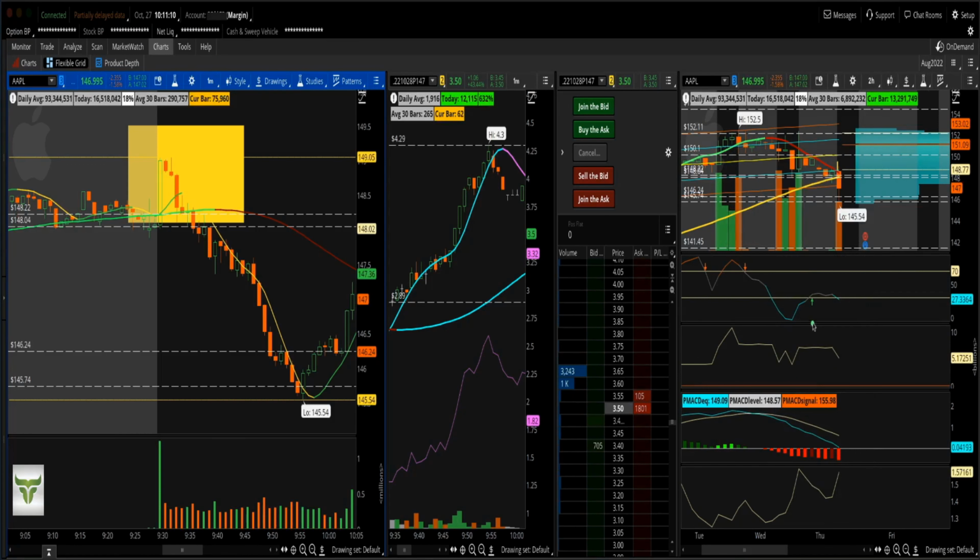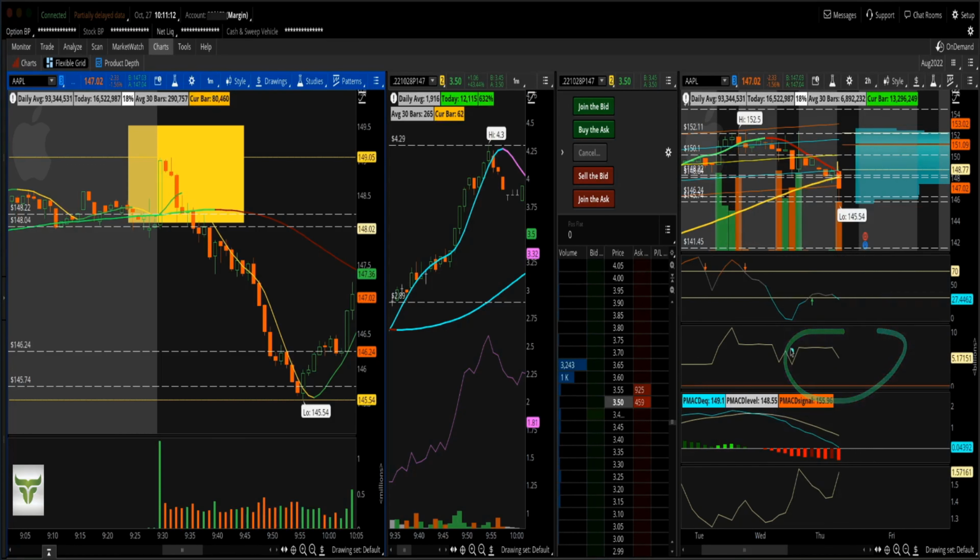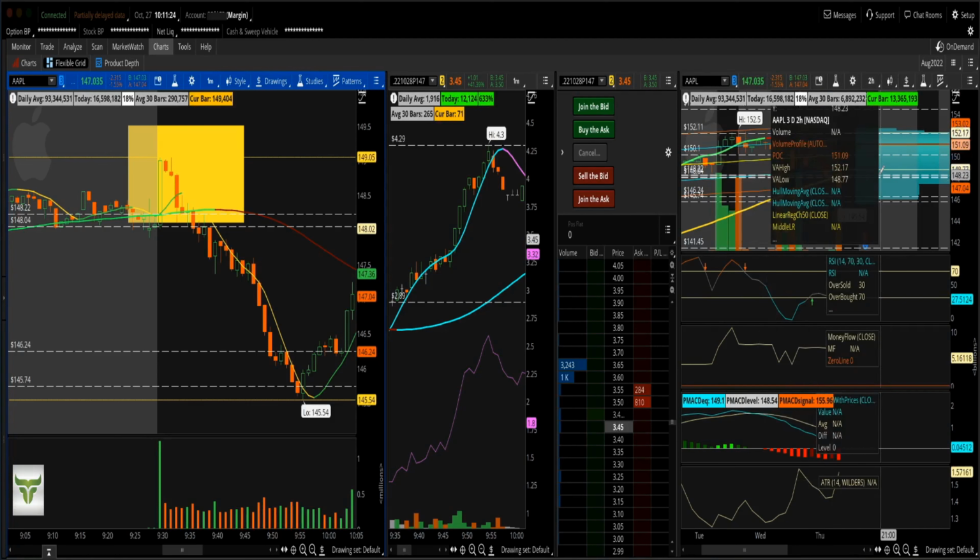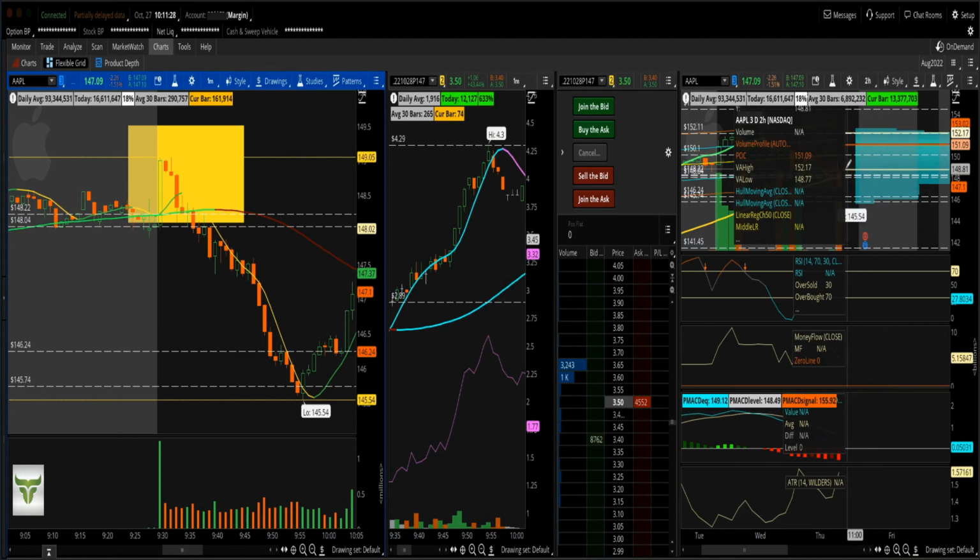Money flow, super important. Money flow right there, flat, dropped right out of the sky. Institutions are bailing, getting out of Apple. RSI is deep oversold, 27. So this is on a 3-day, 2-hour candle, so you can see it right there.